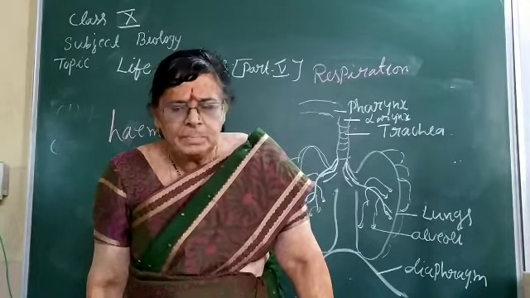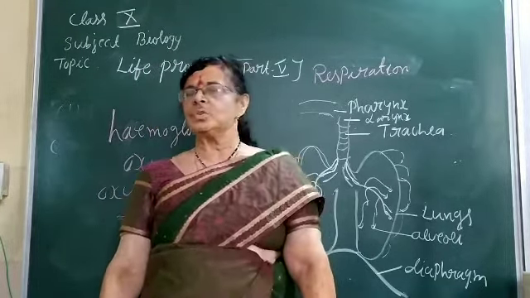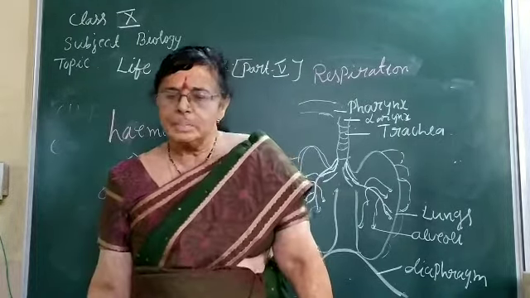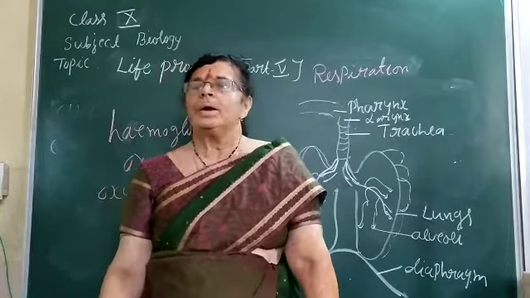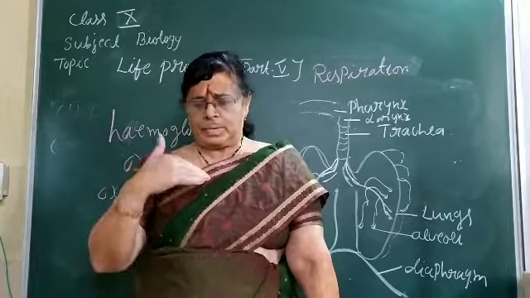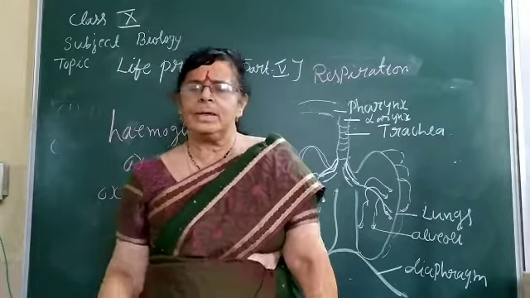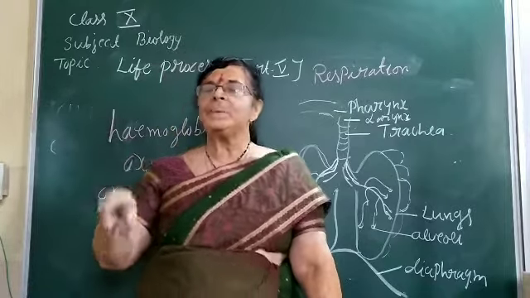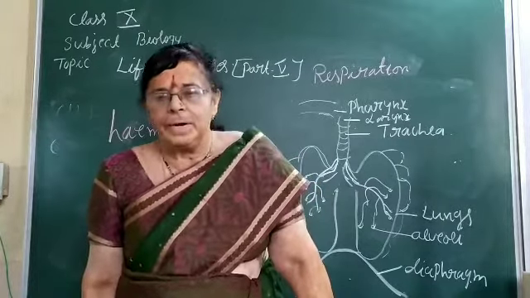So, respiration means we have to remember these two steps, breathing and cellular respiration. Cellular respiration is also called tissue respiration. Only when these two are going on simultaneously will the respiratory cycle be completed.